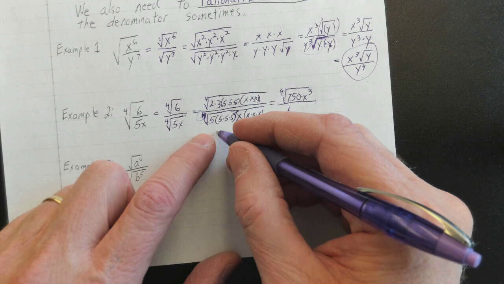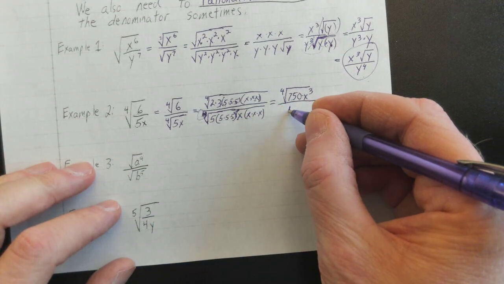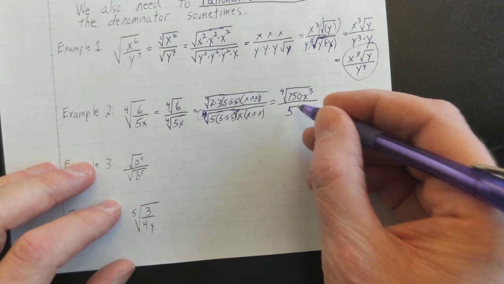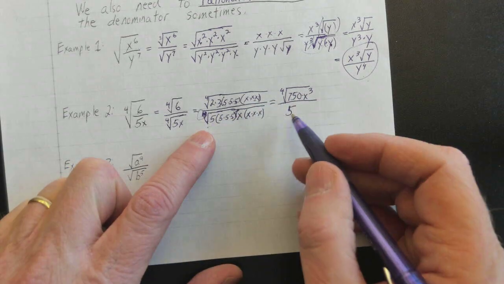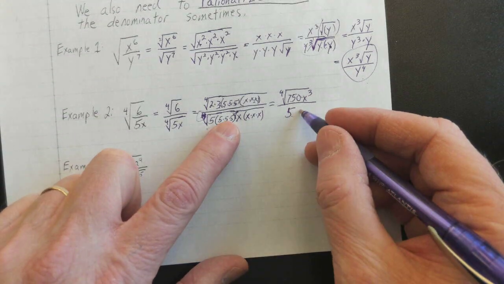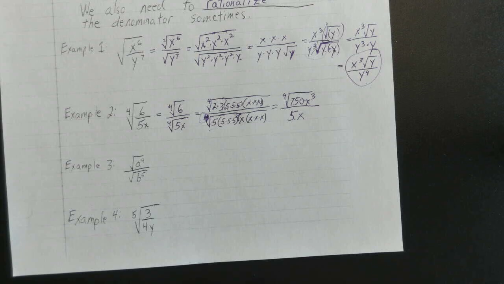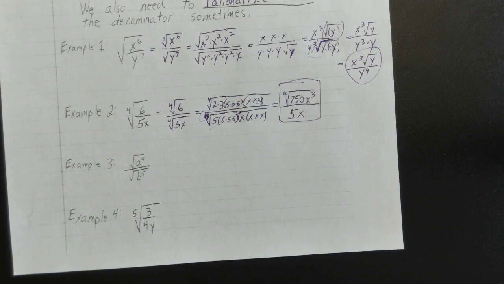Julian: 5. You got 5 to the 4th, 4th root, that's 5. Right? 4th root of x to the 4th is what? X. There's the best answer, the best way to write the answer. Okay? Any questions?